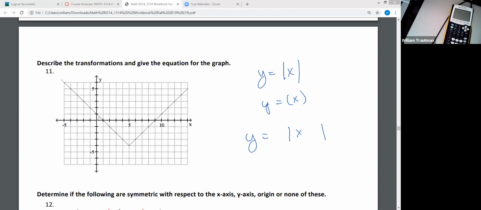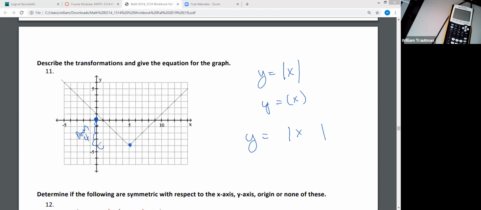Well, we know the vertex, the pointy part, started right here, right? It starts at 0, 0. All our graphs start at 0, 0. So to get to this point, we go 1, 2, 3, 4. We went down 4.